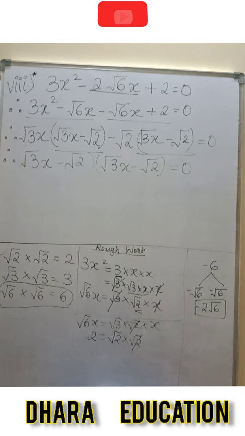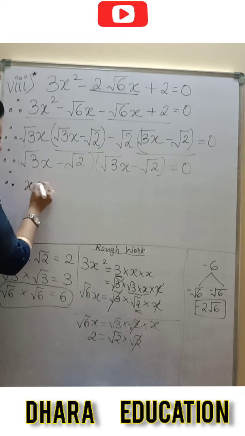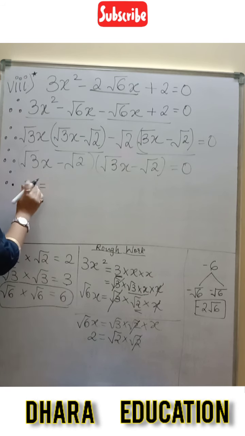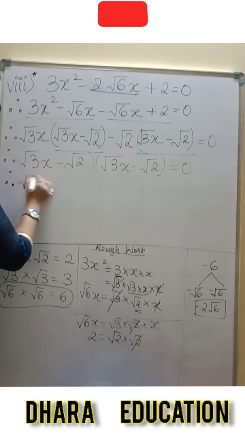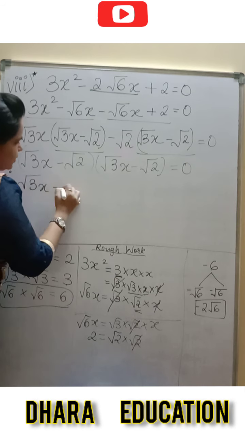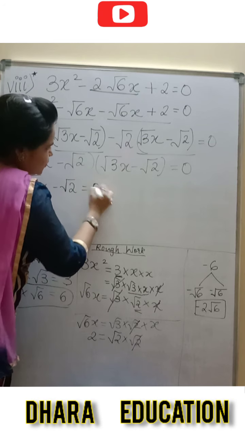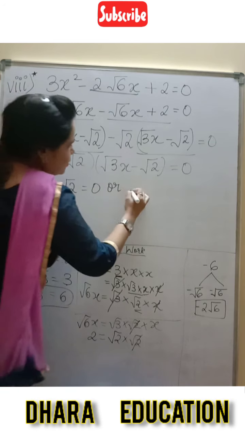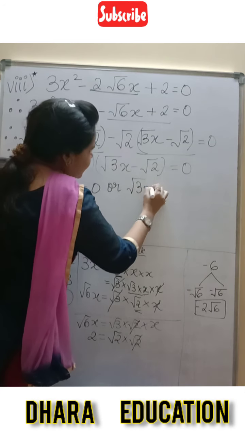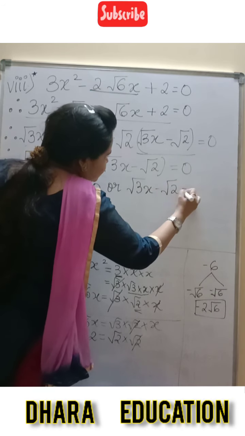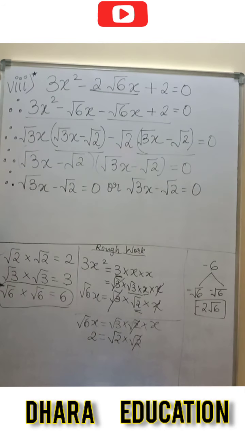Alright. Our next part is root 3x minus root 2 is equals to 0.